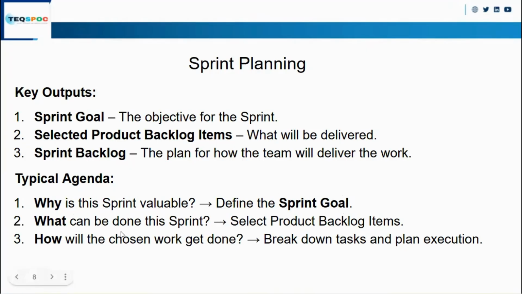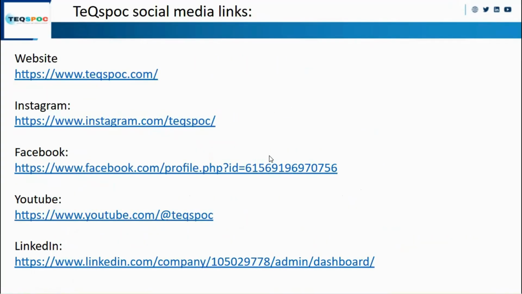What can be done in this sprint, meaning how we can achieve the goal. And how will the chosen work get done, meaning what steps you will take to complete this work and the way you will execute. This is the agenda, and this is what is discussed in sprint planning.